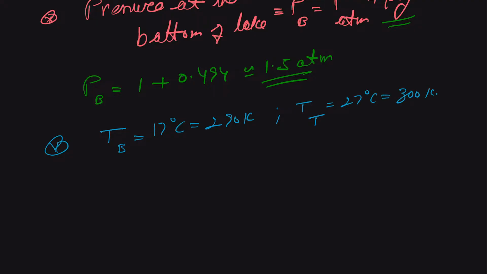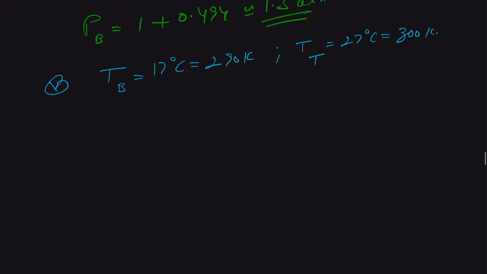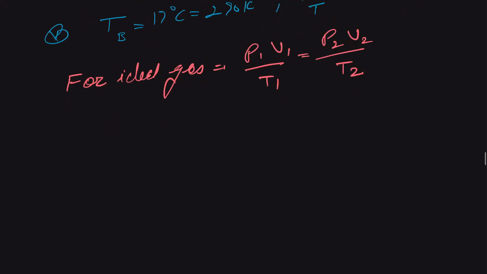So we can use the ideal gas law, because we can assume that the amount of gas, or number of moles, remains constant. For an ideal gas, we can write P1 V1 upon T1 is equal to P2 V2 upon T2, and we can write this in terms of top and bottom.